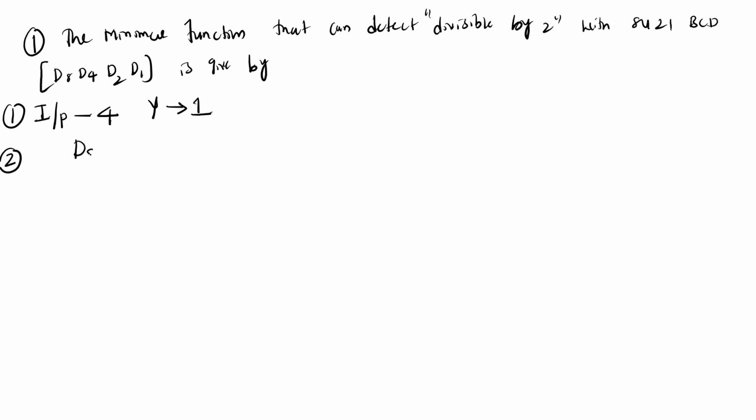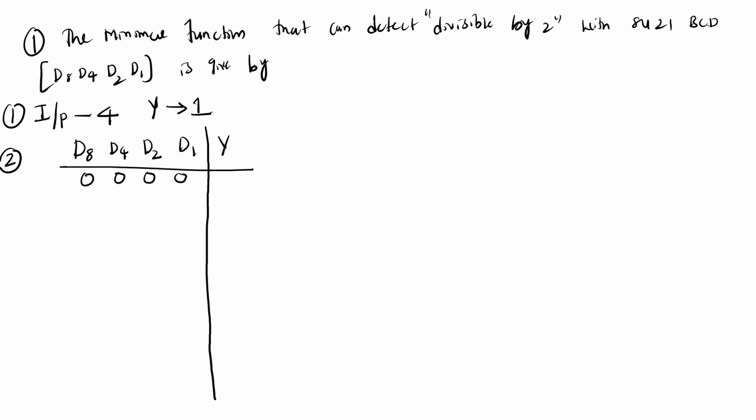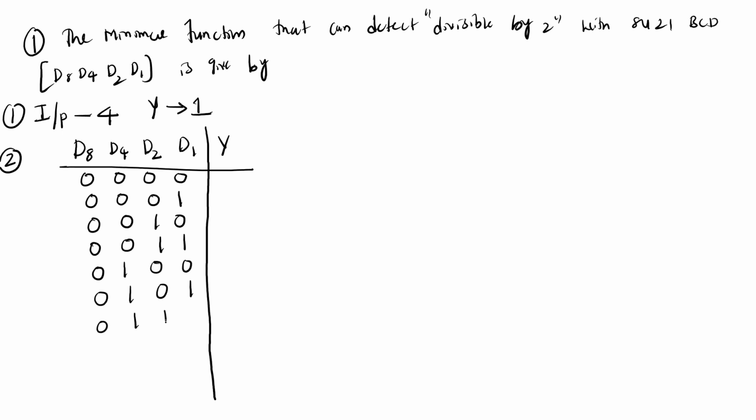So I am writing the inputs D8, D4, D2 and D1, and here this is the output Y. So 0000, 0001, 0010, 0011, 0100, 0101 and 0110.